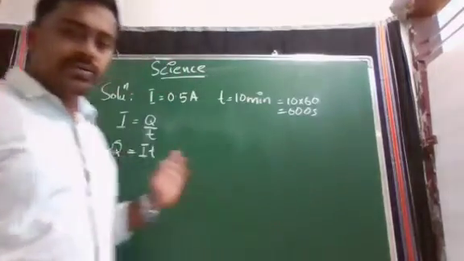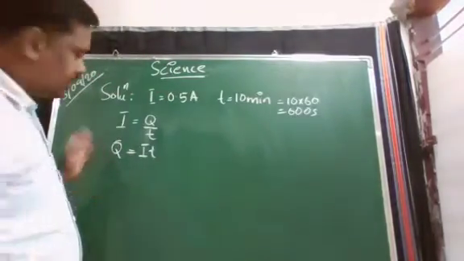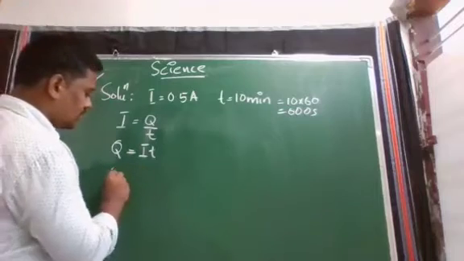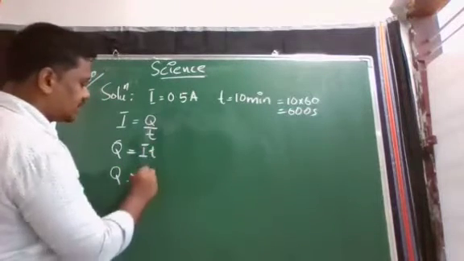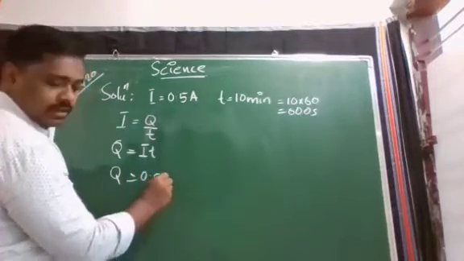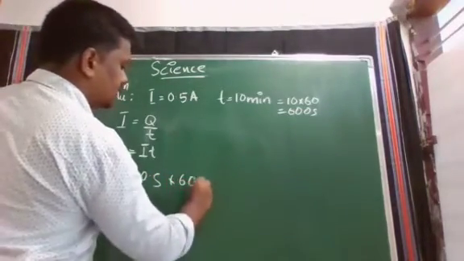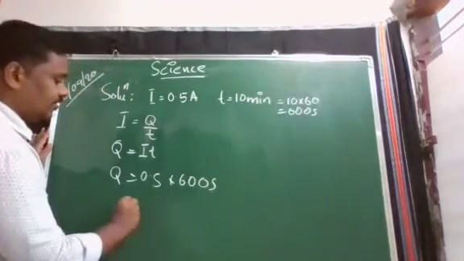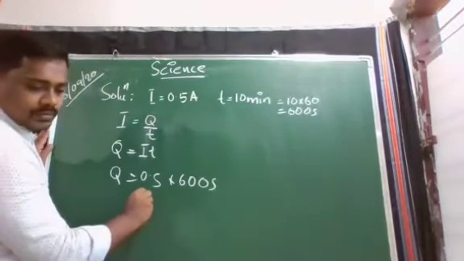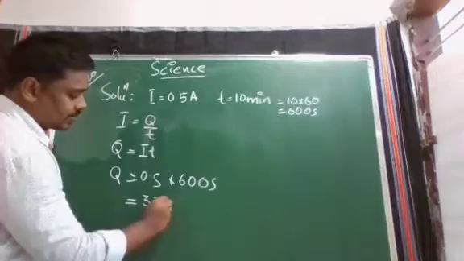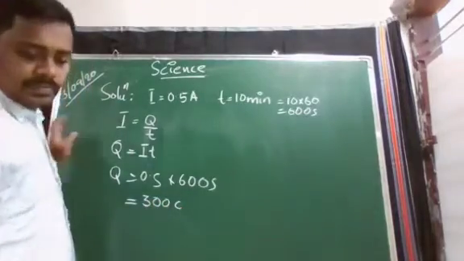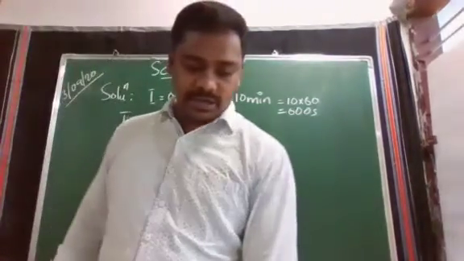Q is equal to I T. So Q is equal to 0.5 and T is 600 seconds. That will become 300 coulomb.